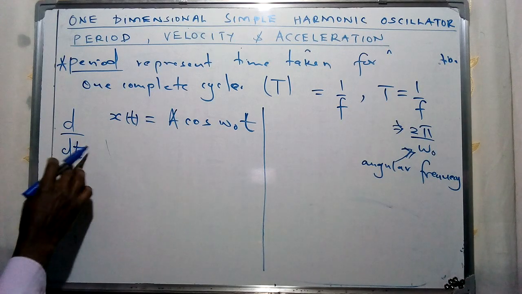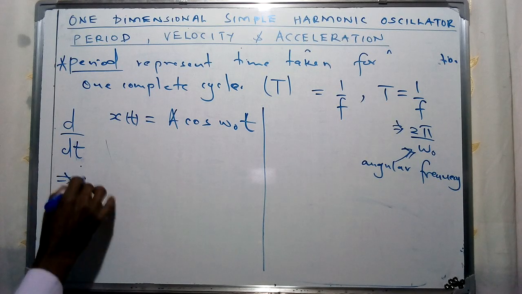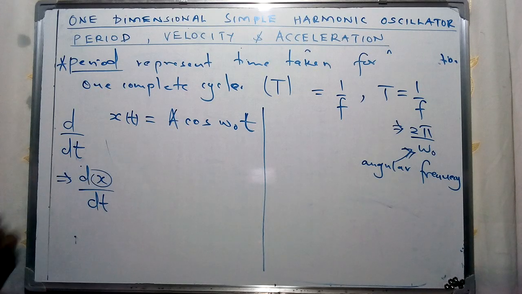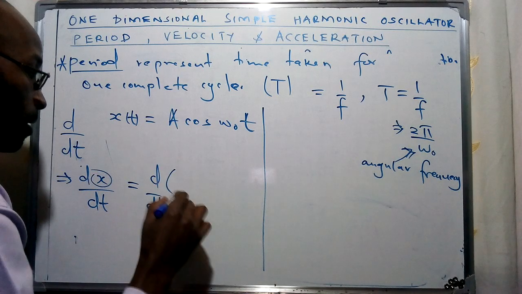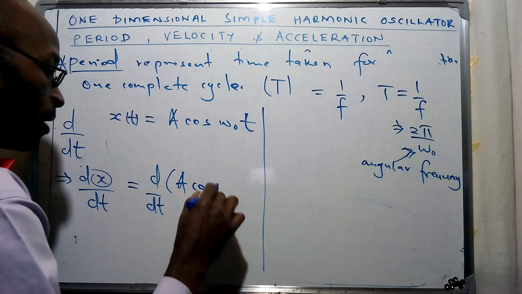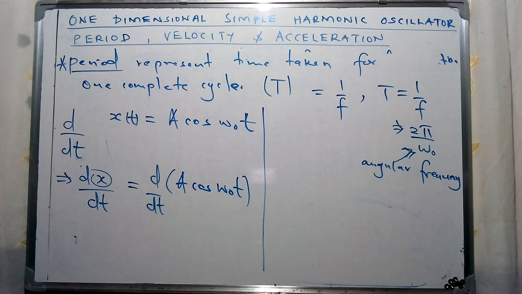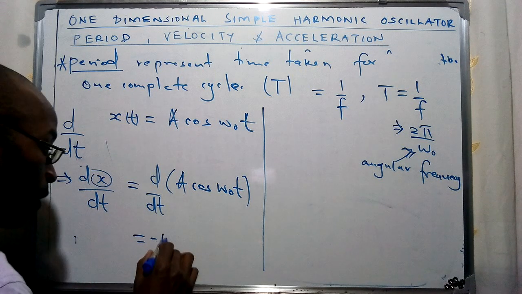So we are going to have dx over dt. We are going to differentiate our component over x, and this is going to give us a representation of d over dt of a cosine of omega naught t, and this is going to give us negative omega a sine of omega naught t.